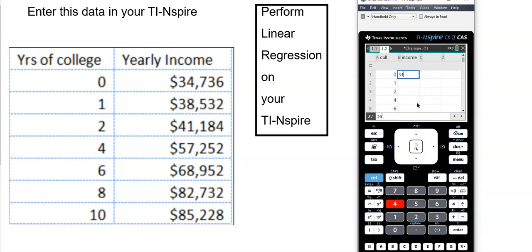And 4, 7, 36, 38, 32, 41, 184, 57, 252, 68, 952, 82, 732, 85, 228.